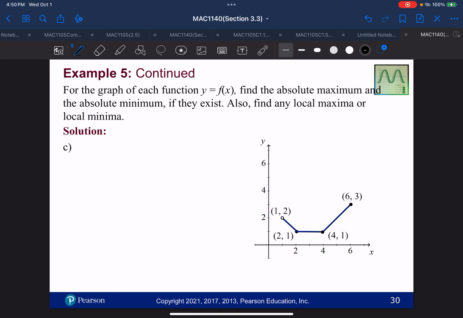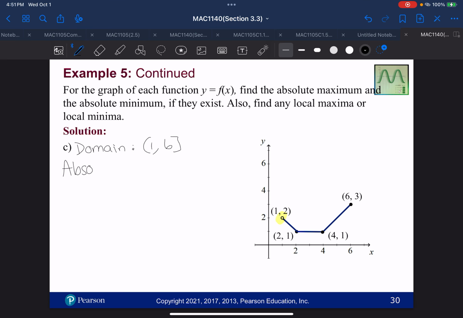Okay, the next one, let's talk about the domain. This one also has a hole on this point right here. So I can start at that x value of 1, but it'll be a parenthesis, and it goes on until 6, the bracket. That looks crazy.